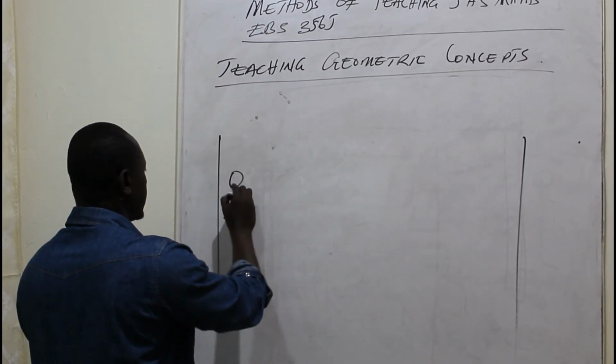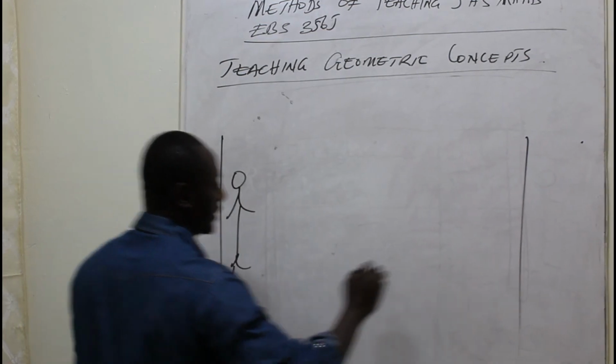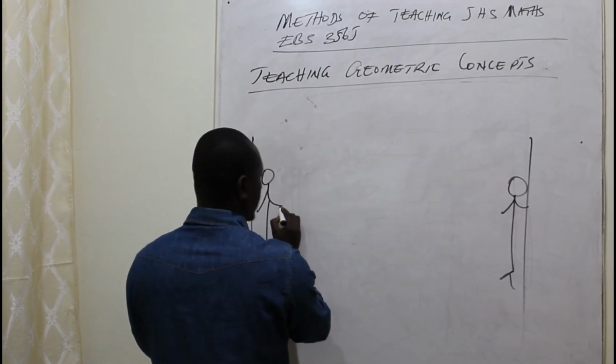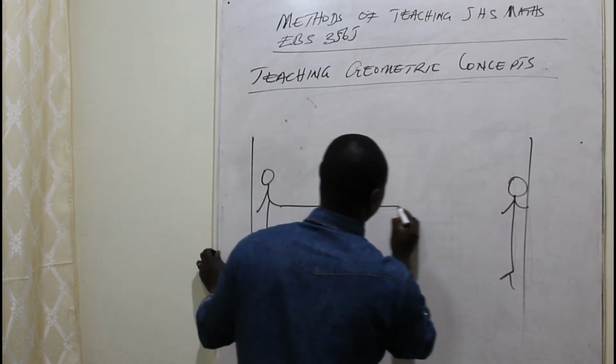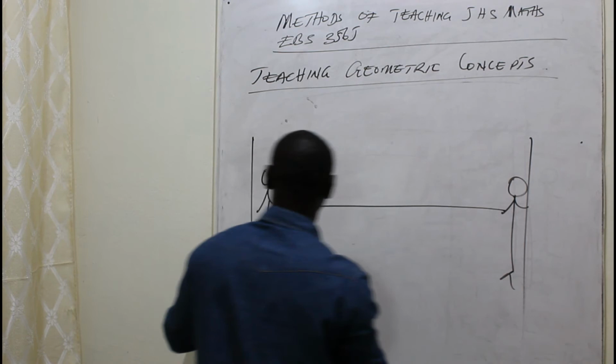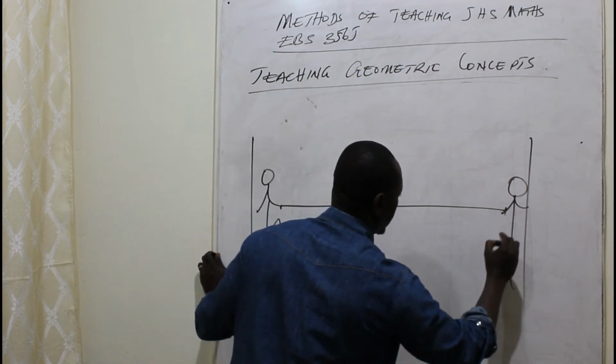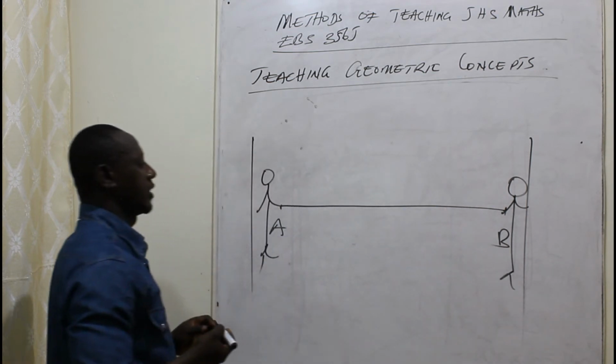Then there's a student standing here, there's another student standing here, and then they are holding the twine stretched like that. So let's call this student A, and this point here student B. Okay?